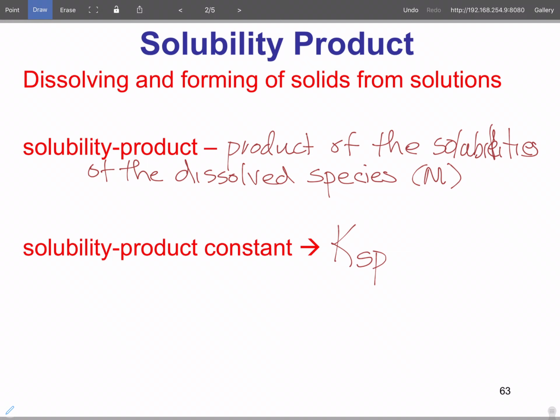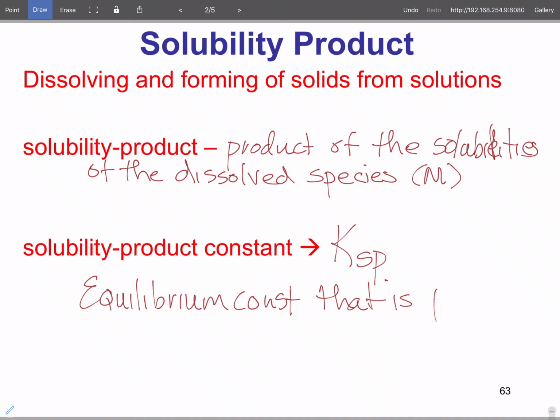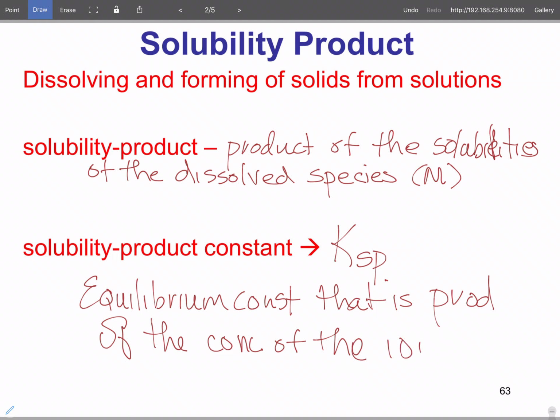And so it is the equilibrium constant that is basically the product of the concentration of the ions in solution. We're going to work a few in just a minute, but before that we will walk through the definition.